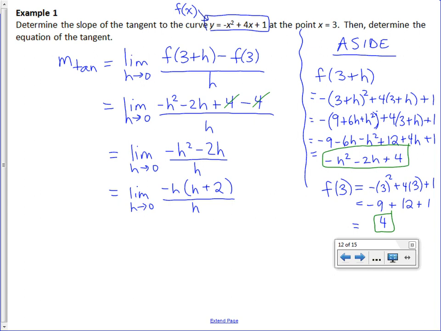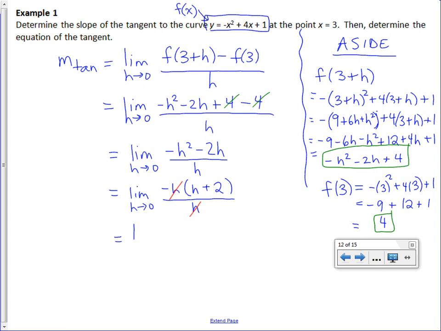And now that you have a factored numerator, you cancel out the single h. This is the whole purpose of this. If you do it correctly, you'll be able to cancel out that single h.